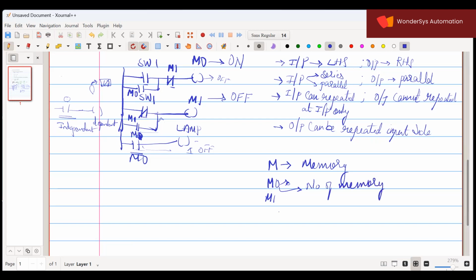Understood? Now this M can be a motor as well, or a valve, or a stirrer. It's finally up to you. Here, since I'm using memories, I'll be treating this M as a memory address.